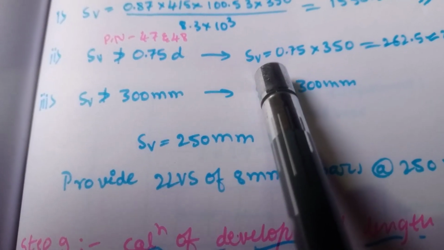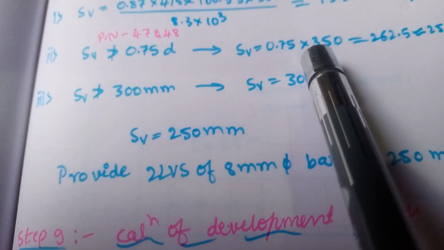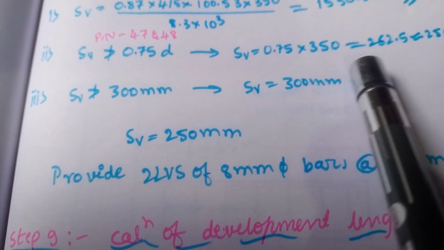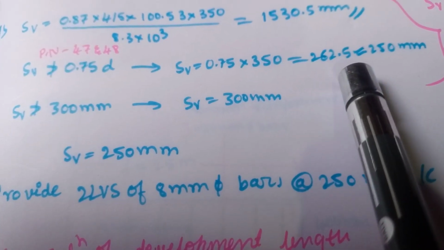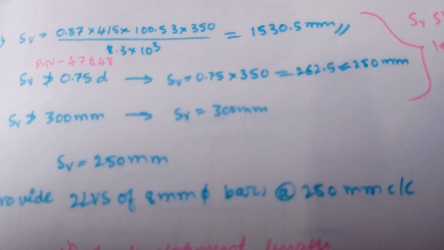So Sv is equal to 0.75 into d, which is 350. Substitute all the values. After simplifying, we will get our Sv value as 262.5. So I am making it an approximate value, that is 250 mm.